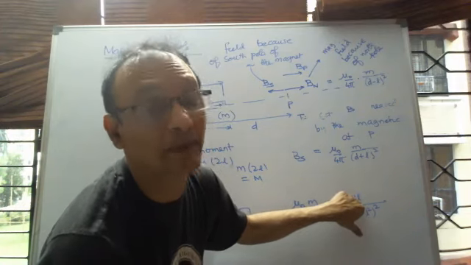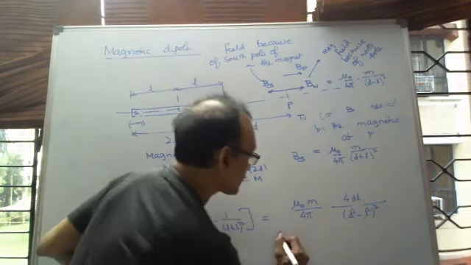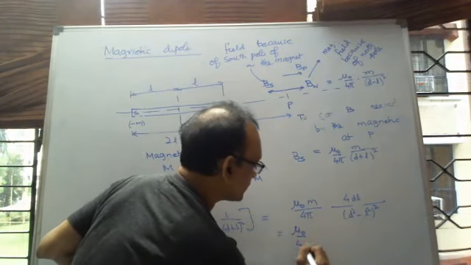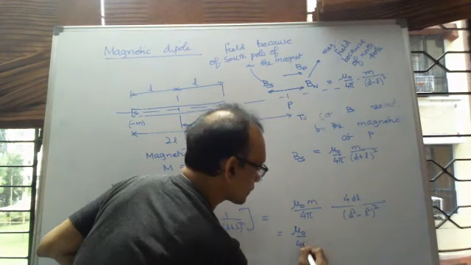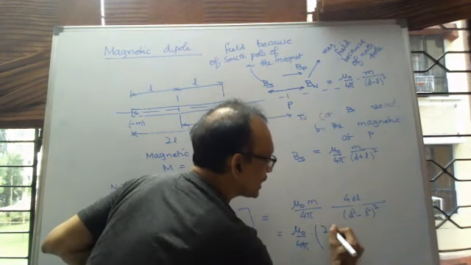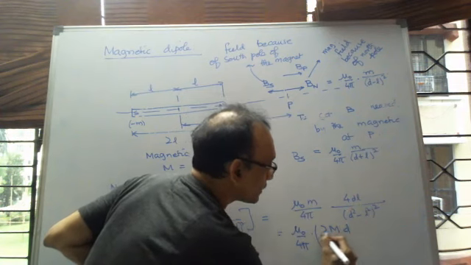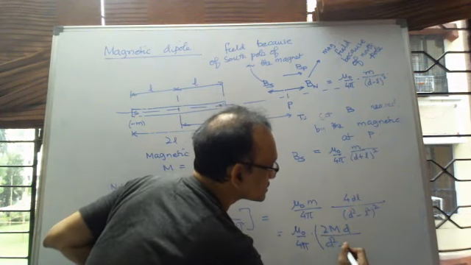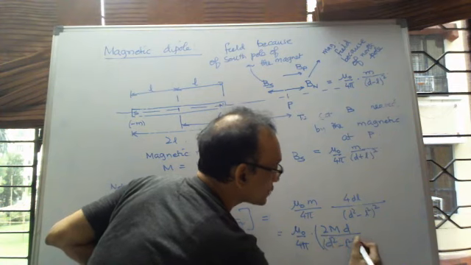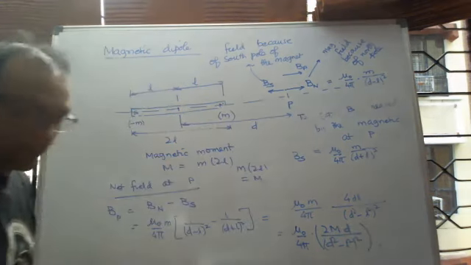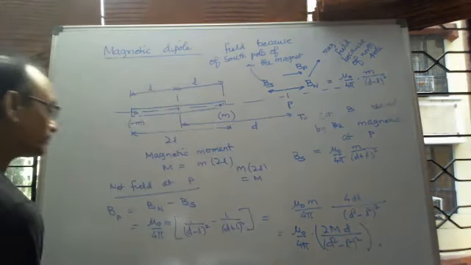So mu naught by 4 pi, 2 times the magnetic moment, small m into 2l into d divided by d square minus l square whole square. Yes or no?